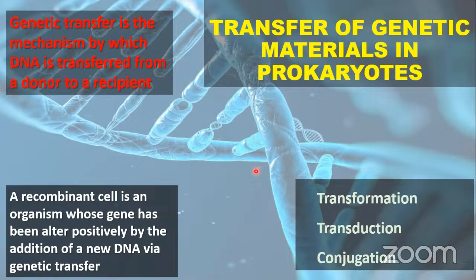And how does this come about? Some other bacteria may have ruptured their cell accidentally, or through mechanical means, or through unfavorable conditions. When such an organism dies, their DNA is released into the environment in the form of fragments because their DNA may have been cleaved.